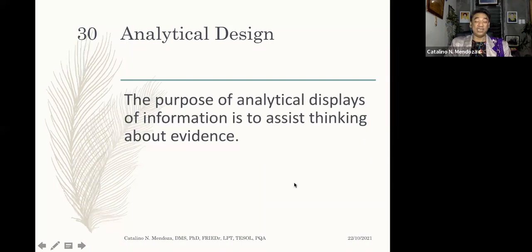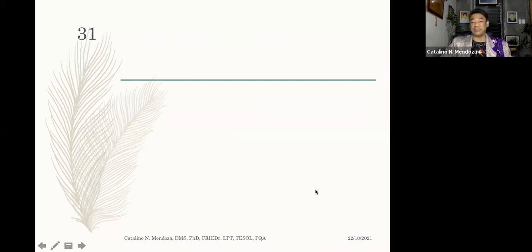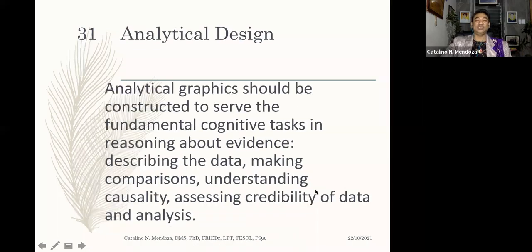The purpose of analytical displays of information is to assist thinking about evidence. It has something to do with being constructed to serve the fundamental cognitive task in reasoning about evidence.